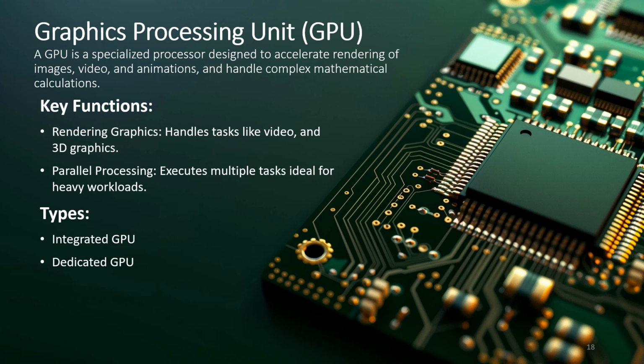It cannot perform the other heavy tasks which a dedicated GPU can perform. The integrated GPU is integrated, as the name suggests, within the central processing unit. On the other hand, the dedicated GPU is a specialized processor, another component that we plug in to the computer.